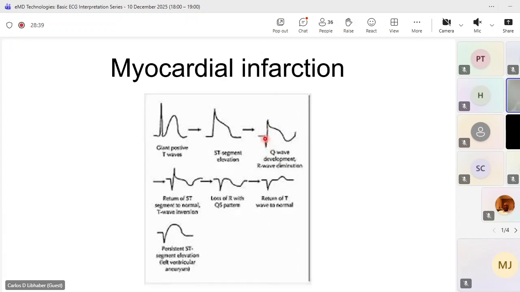As time goes by, you are having Q waves, necrosis, the ST is coming down, and there is inversion of the T wave.